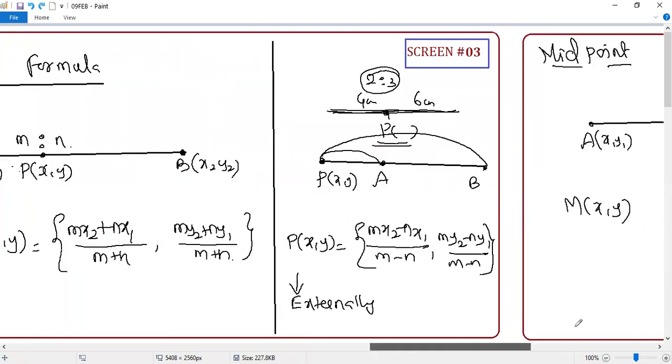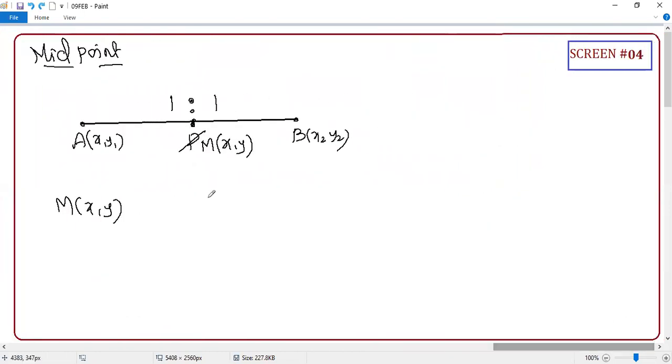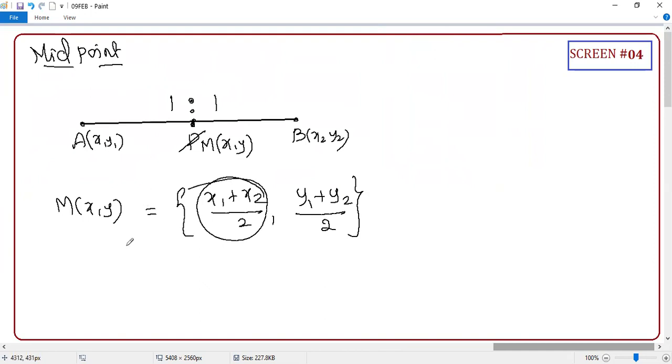So the midpoint formula, very important formula, is x1 plus x2 by 2, comma y1 plus y2 by 2. In general we can say, the average of the x coordinates, comma, the average of the y coordinates. Correct or not? It's an average, no? It's an average. So this is the midpoint formula, derived from the section formula.